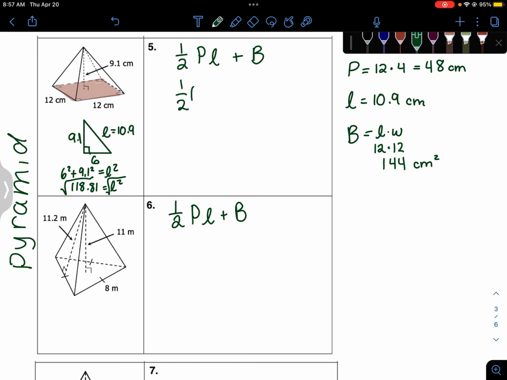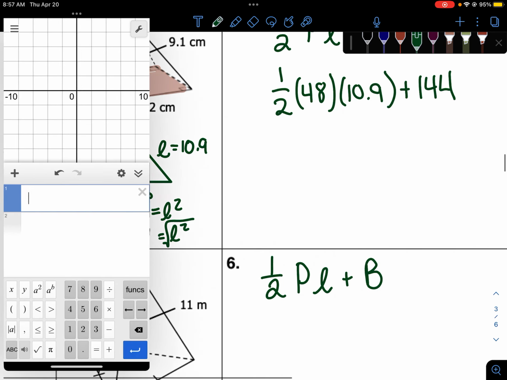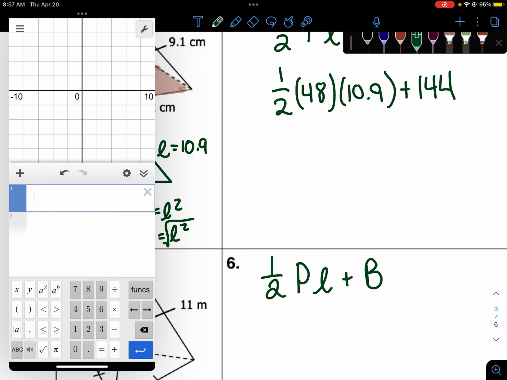One half times 48 times slant height 10.9 plus 144. Again, I'm going to type this in my calculator exactly the way I see it.